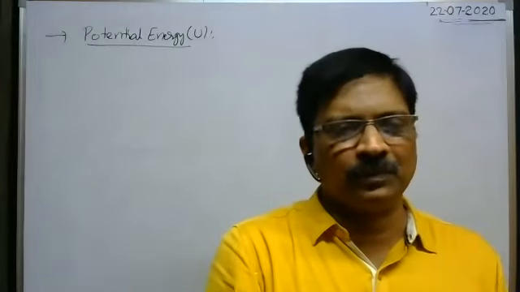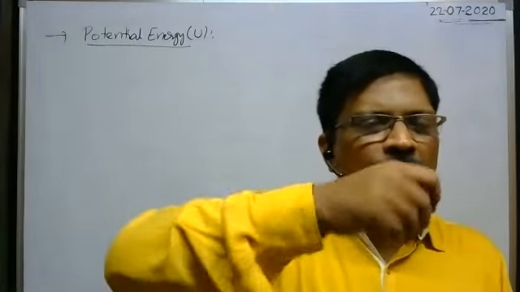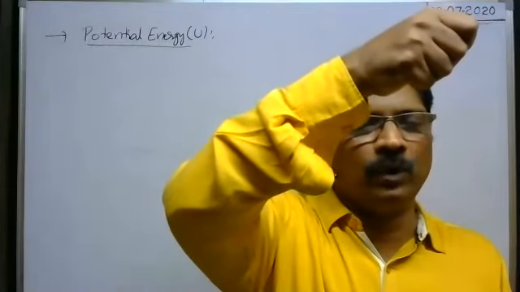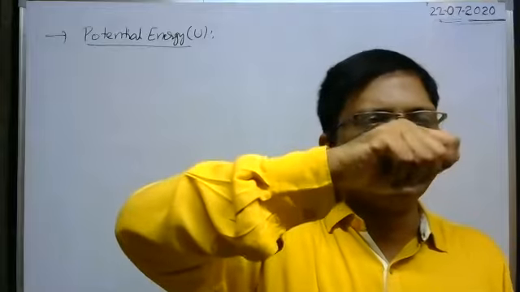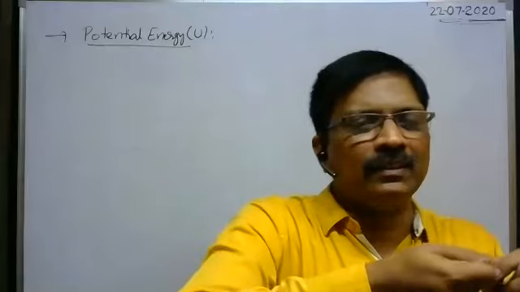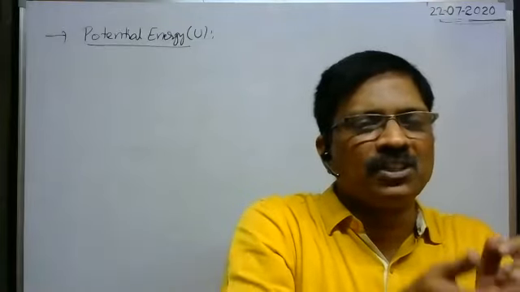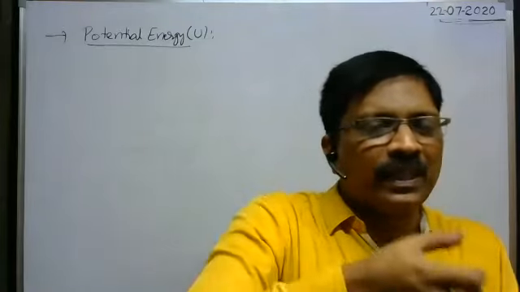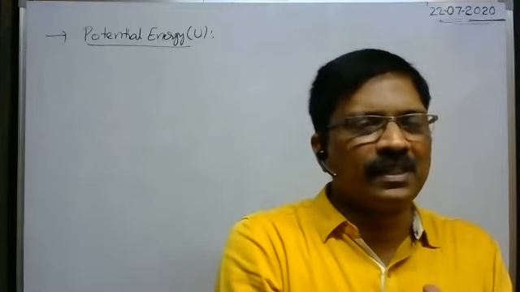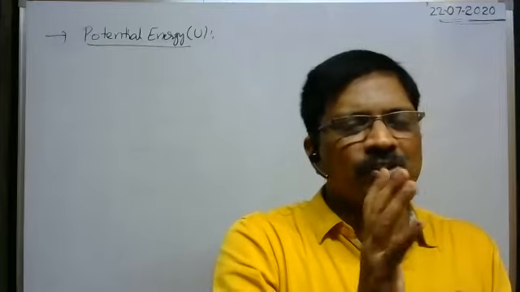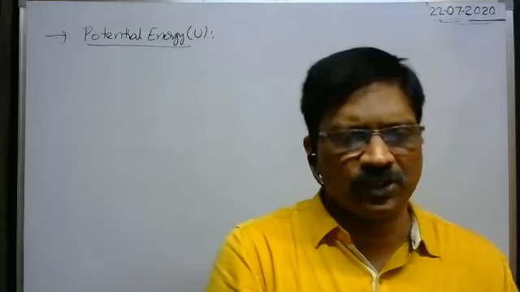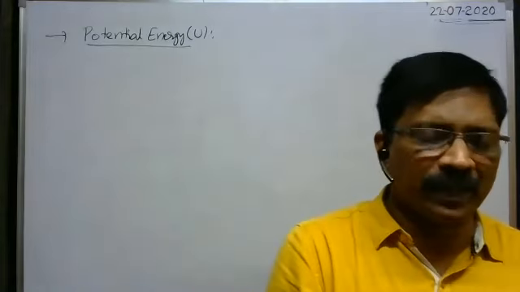There is a spring inside the wall clock, and when you give the key, the spring is wound tightly. Because of its configuration or shape, the spring acquires some energy, which is called potential energy. Then it slowly loses this potential energy by rotating the needles in the wall clock. That is the mechanism.